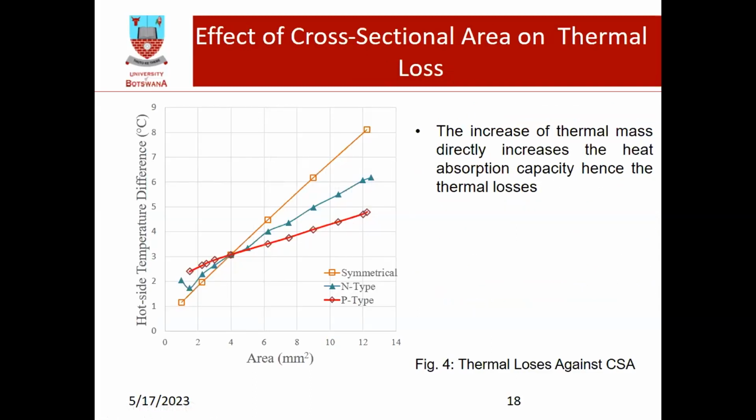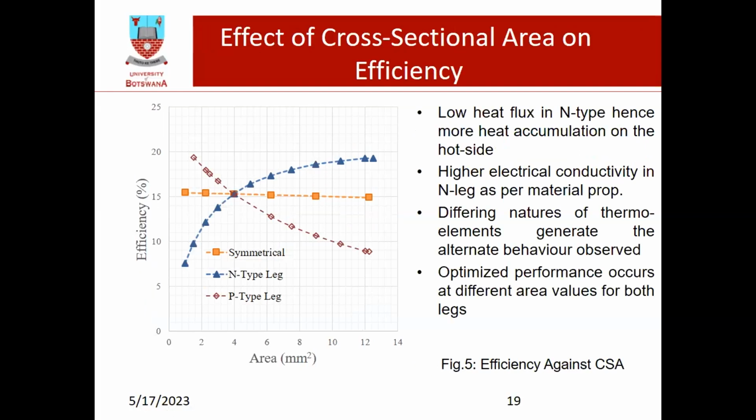So yeah. For the efficiency generated for the symmetrical module, you'd find that there's relatively no difference because both the N-type and the P-type are relatively the same area.